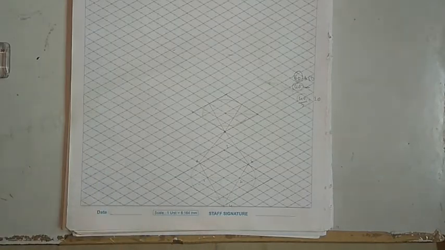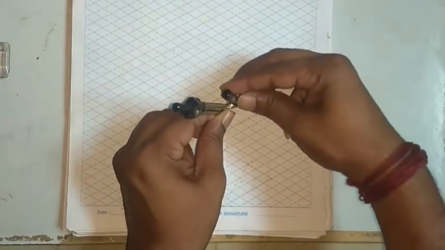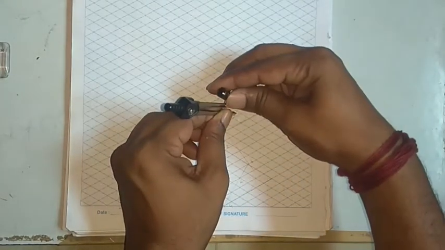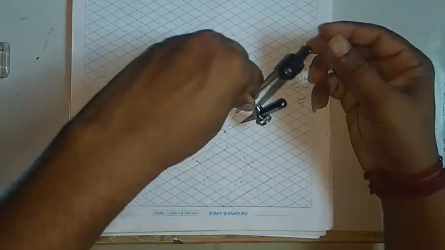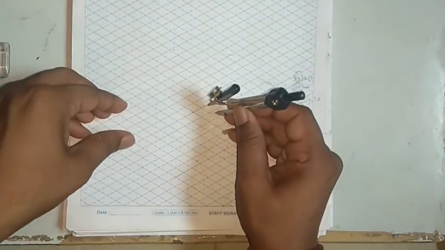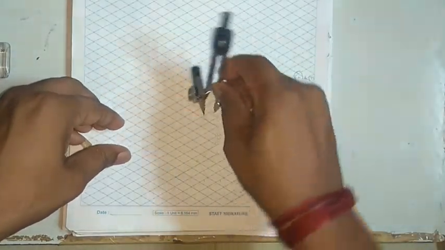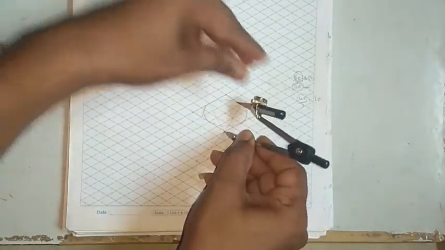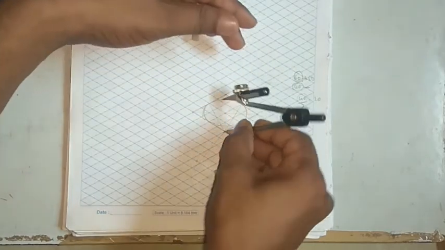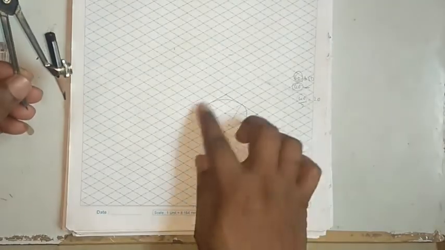So this is how exactly we can have it. Now make this one a little bit thick, because the top surface of the hemisphere is visible to us. Like this. Now this is the top surface.